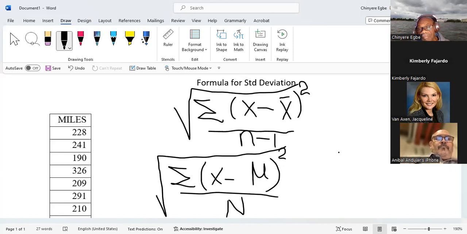Now, in statistical analysis, we have a sample, we have the population. The population is if you have the values for every member of the population. And the sample is simply a selection from within the population.